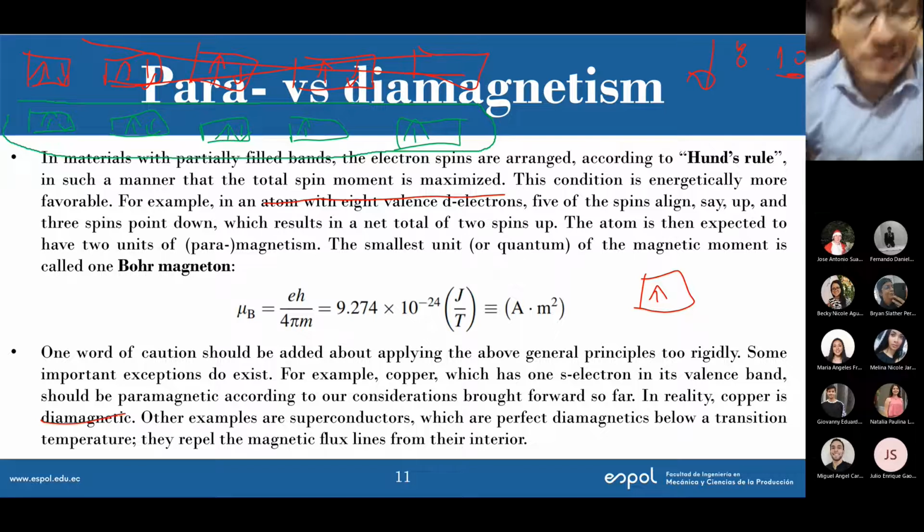So there is an exception, and there is a whole quantum theory devoted to explaining why there's that exception in copper, but we're not going to focus on that. Other examples are superconductors.